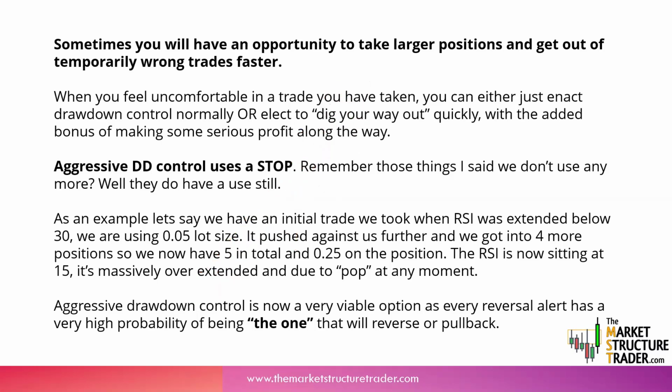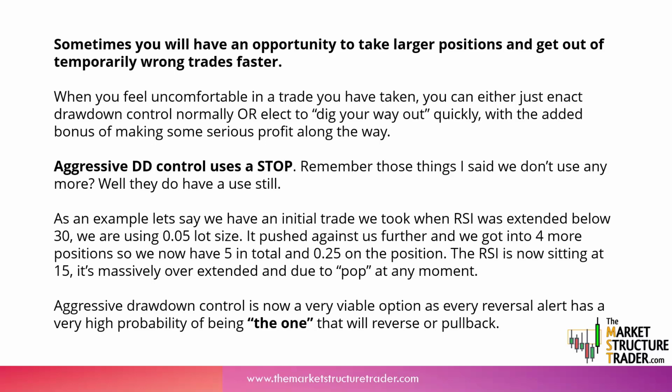So the options are that 3% on a position that we talked about. Okay, when you get to 3%, you start doing drawdown control. You could say that when I get to 3%, I'm going to enact aggressive drawdown control. I'm going to get in harder. Okay, so when you feel uncomfortable in a trade that you have taken, you can either enact normal drawdown control, or you can dig your way out, as I call it. You can dig your way out quickly, with the added bonus as well, which is also another nice thing, of making more money along the way.